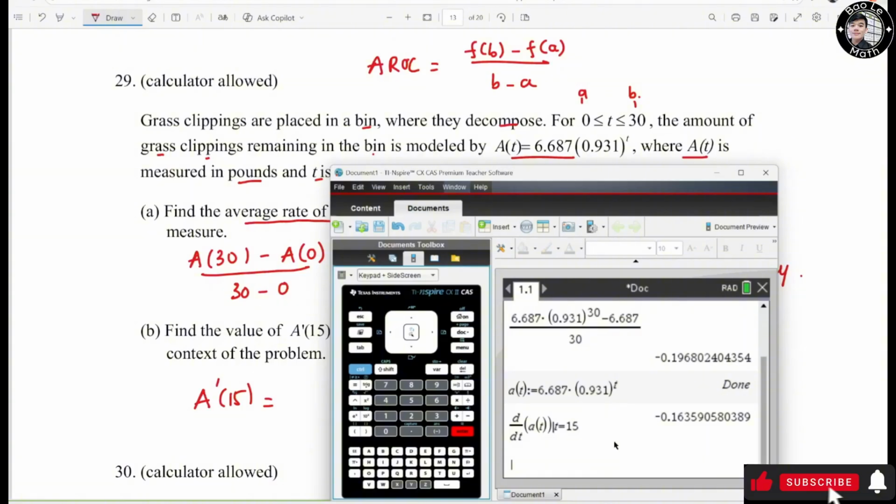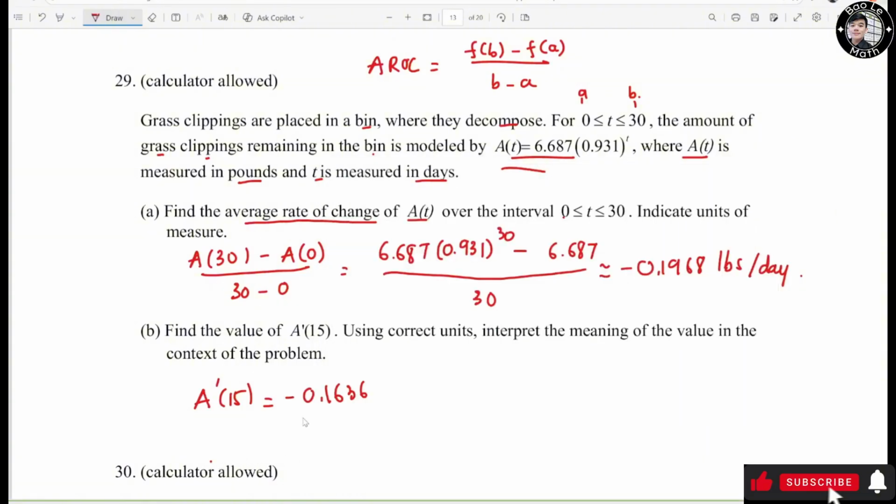It's going to be negative 0.163. This value tells us that the amount of grass clippings in the bin is decreasing because you have the negative sign right here, at a rate of 0.164 pounds per day at time t equals 15 days.